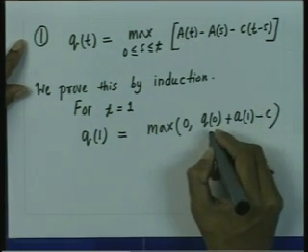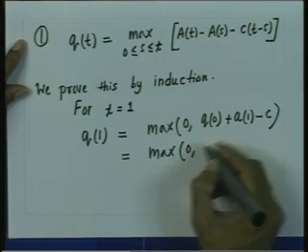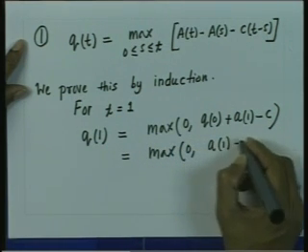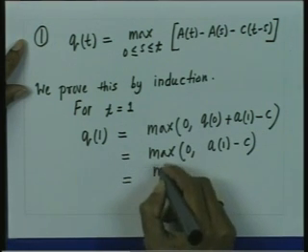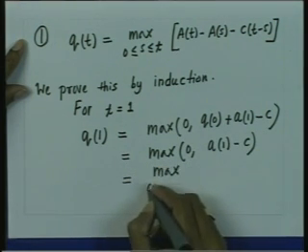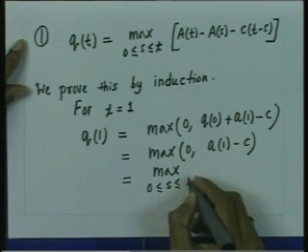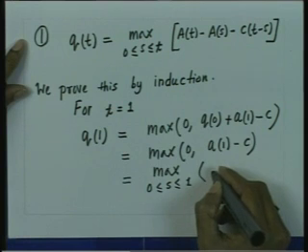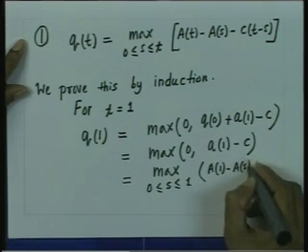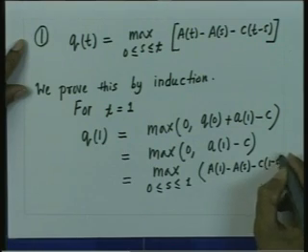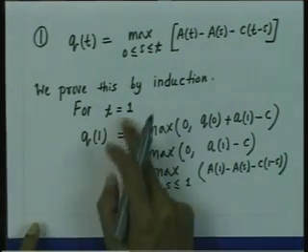Now Q0 is 0, so this is max of 0, A1 minus C, and this is nothing but the maximization over the interval 0 to 1 of A1 minus As minus C into (1 minus s). So this result is trivially true for t equal to 1.